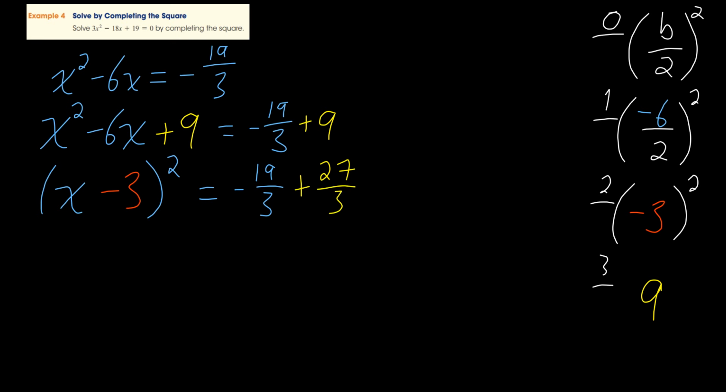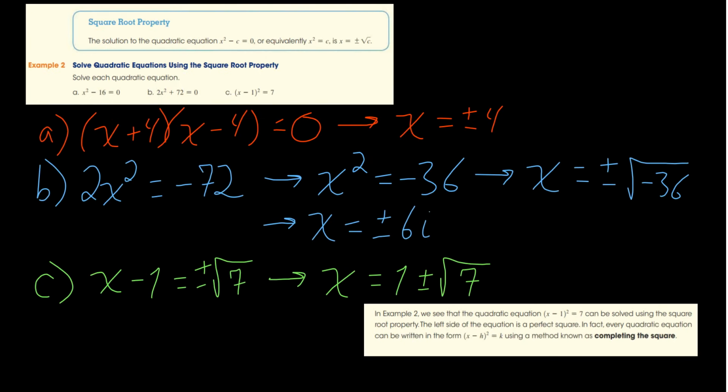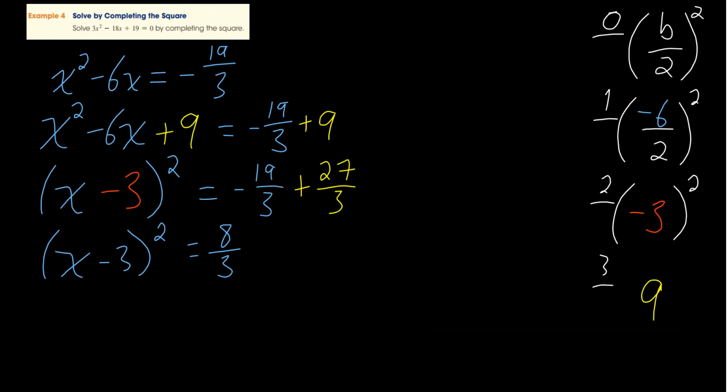Okay, so we can continue here. We've got x minus 3 quantity squared is equal to, now that we have a common denominator of 3, we just add 27 and negative 19, so we have 8 thirds. Then we can proceed just like we did on C in example 2. We square both sides, we'll put this in green since we're on the home stretch here.